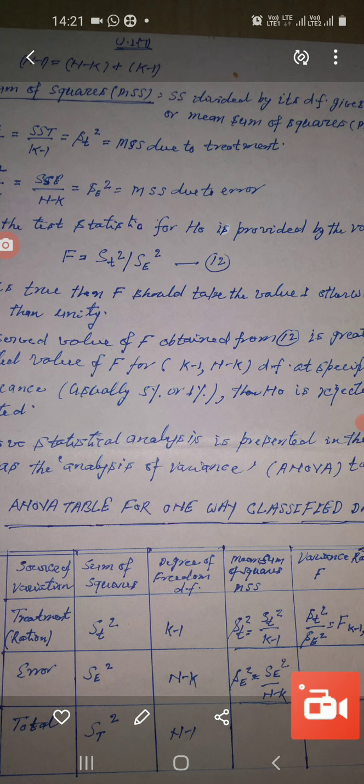Thus we see that hk minus 1 is equal to k minus 1 plus h minus 1 plus h minus 1 times k minus 1. Here we have considered N is equal to hk, and let it be equation number 18. So this is the classification of degree of freedom for various sum of squares.